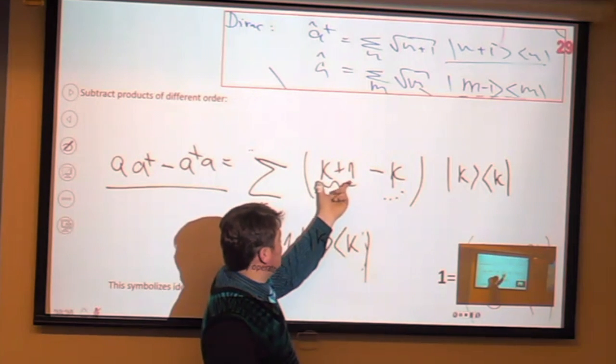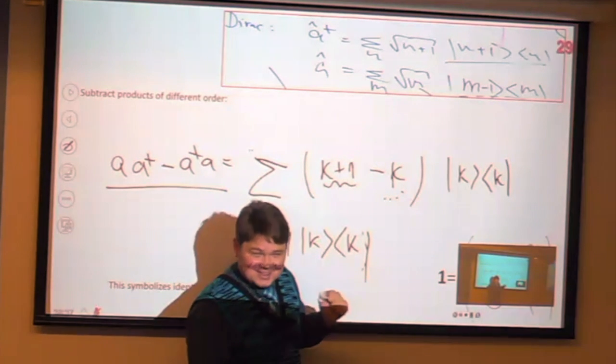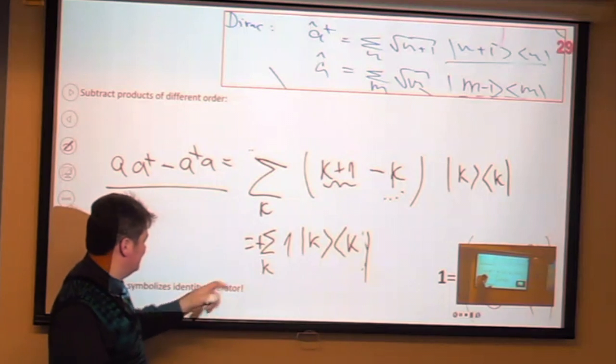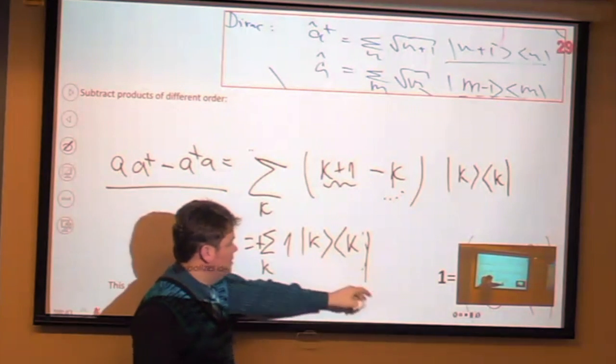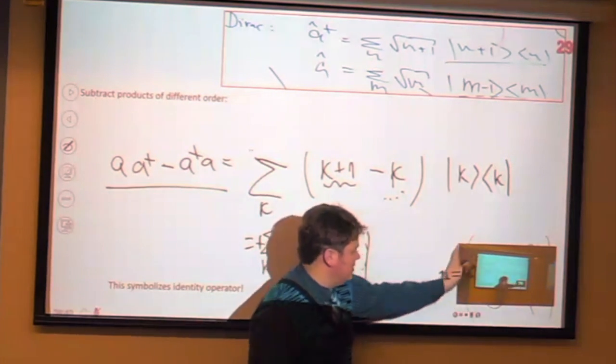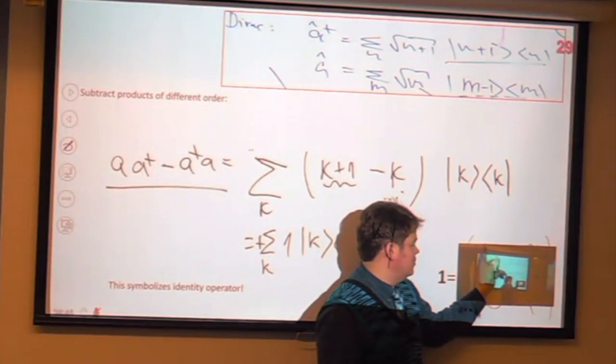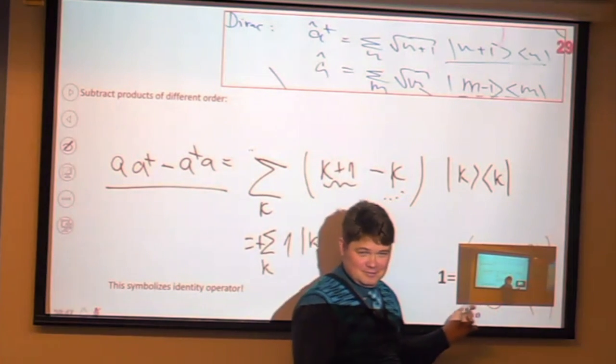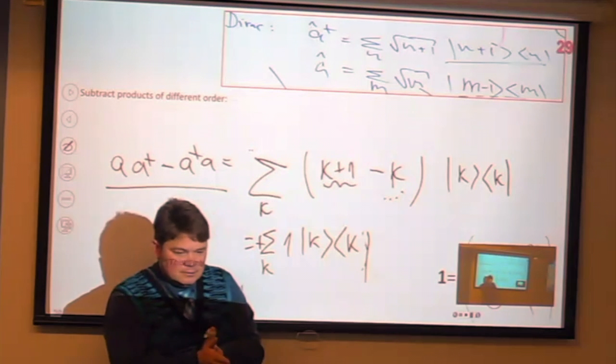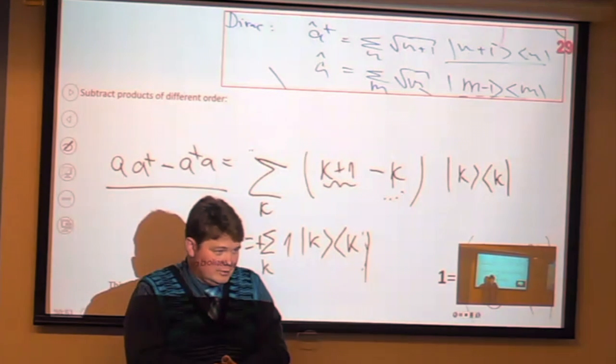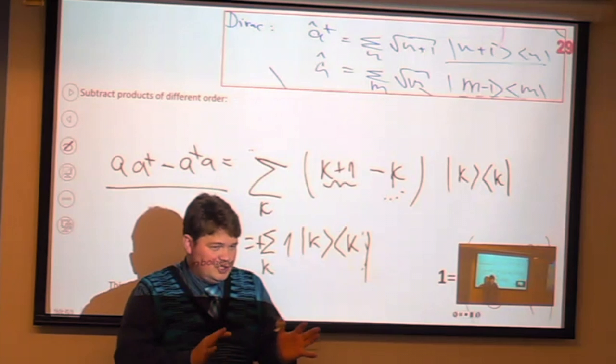So k plus 1 minus k equals 1. It's a big discovery. The image is covered here, but I just sketched the matrix which has 1s on the diagonal and 0s elsewhere. So it's the identity operator, a matrix which changes nothing.